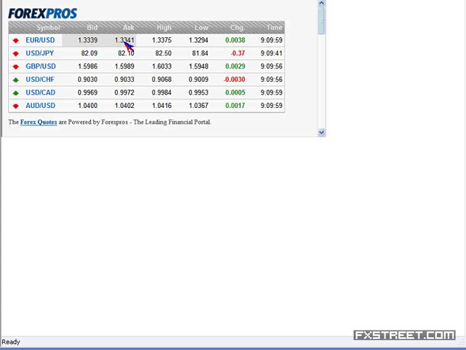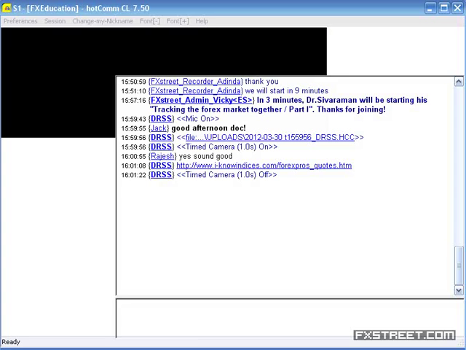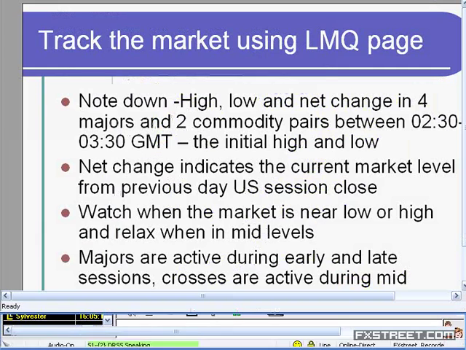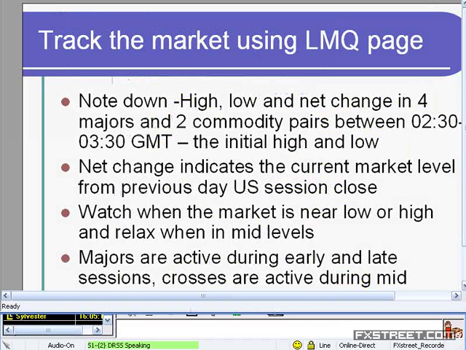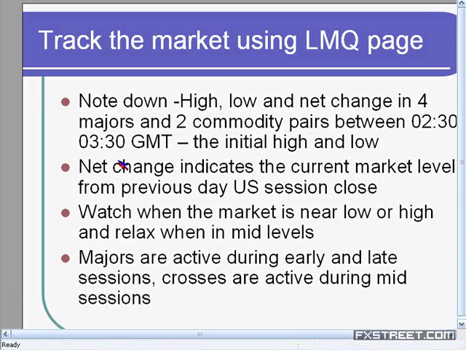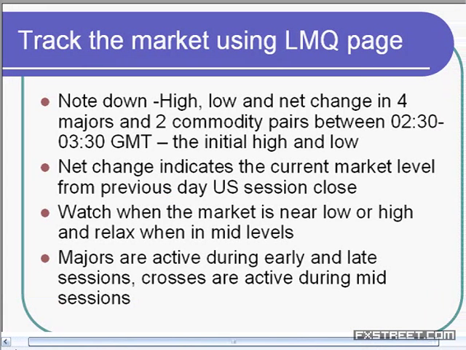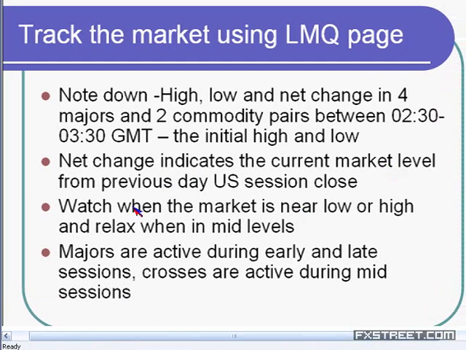That is very important. So now let us analyze the initial lows and the highs set for today. Thereby we will be able to understand where exactly they are making the current moves. After noting down the initial lows and the highs, the net change indicates the current market level from the previous day's US session close.